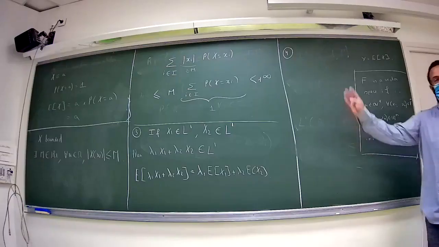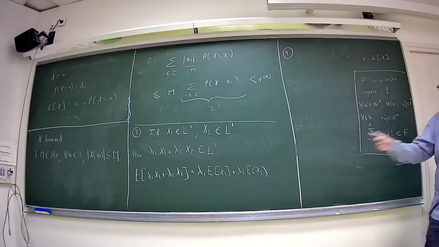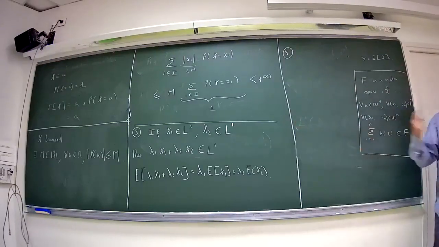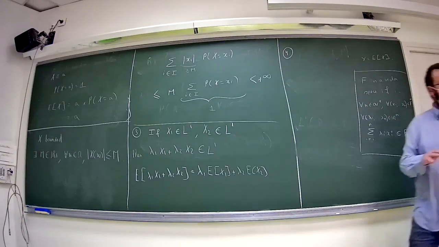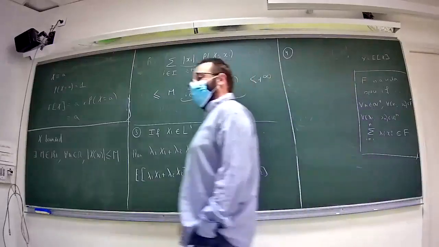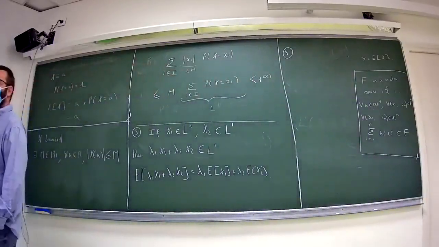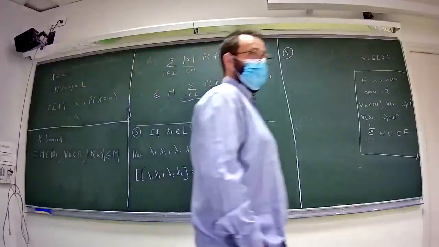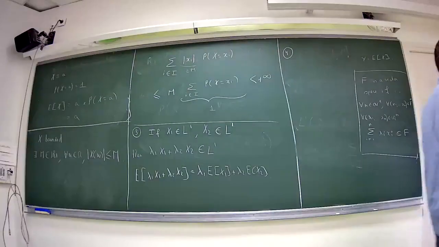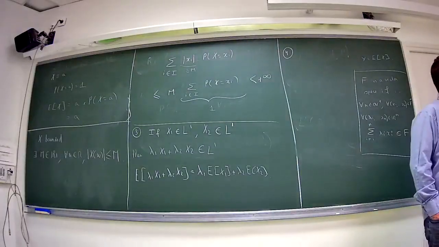I am a vector space, which means that I am stable by linear combination. It's the only thing I have said. If you want to do other operations, in general, it doesn't work. So typically, if you have one random variable in L1 and another one in L1, if you do the product, in general, you are not in L1. But you have a condition that allows you to have this.